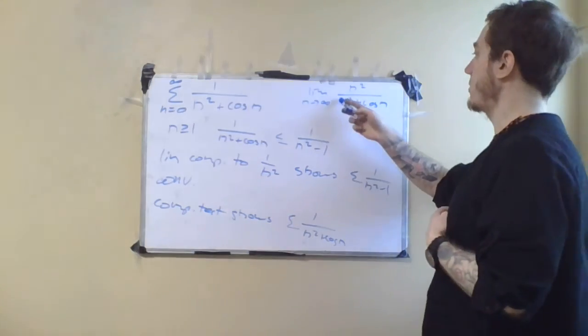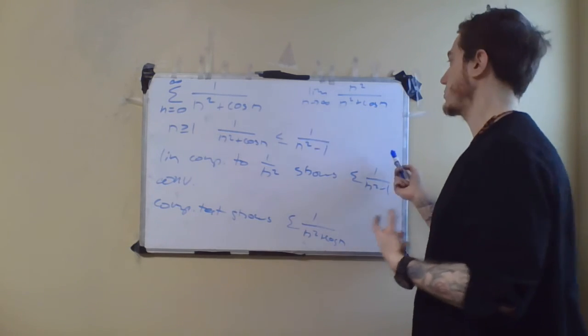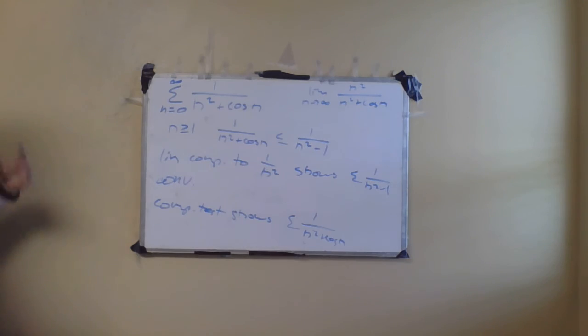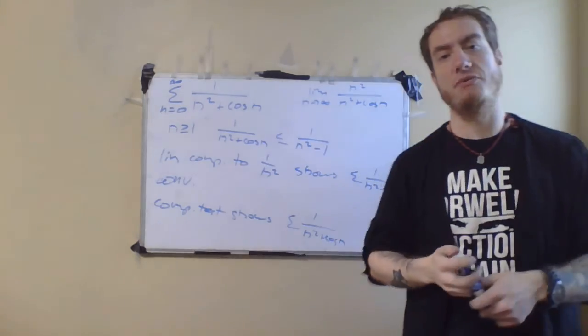How would you prove that this works out? Well, you can pretty easily prove that this approaches 1. And one way of doing so is by using the squeeze theorem. This denominator is between n squared plus 1 and n squared minus 1. So yeah, you could have done this with the limit comparison test directly and not worried about the comparison test. I used both of them.